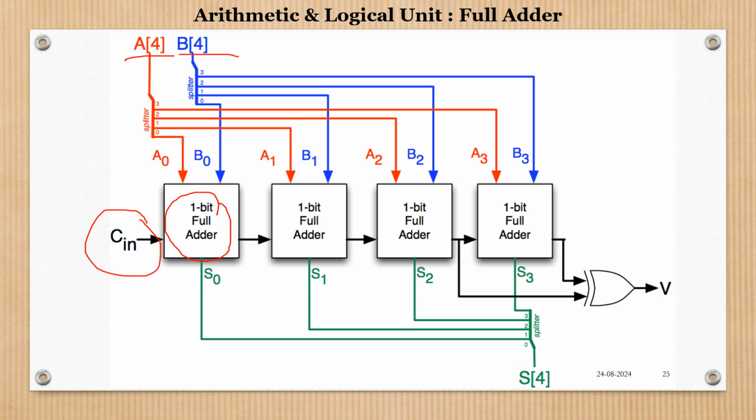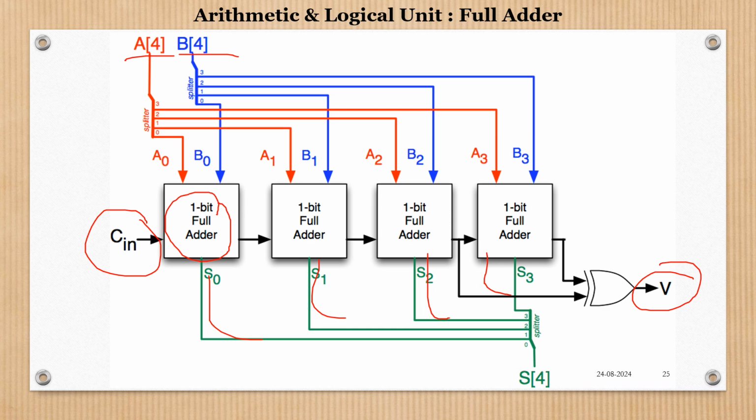If there is any previous carry that should be added into A plus B, then it is supplied, and the summation results are generated using these full adders, and the further carry is generated here.